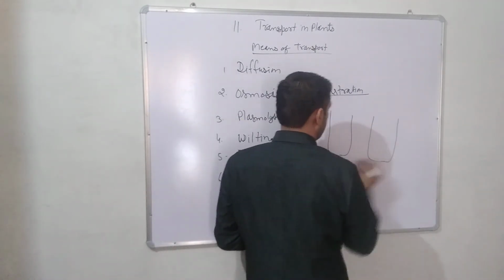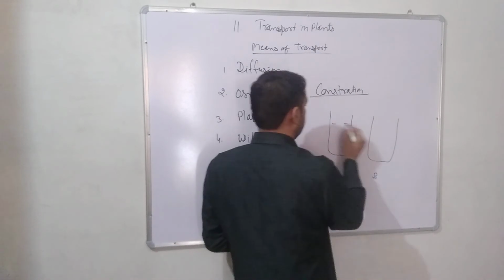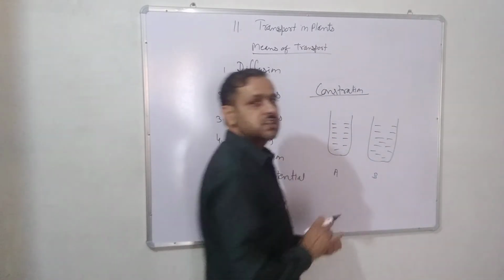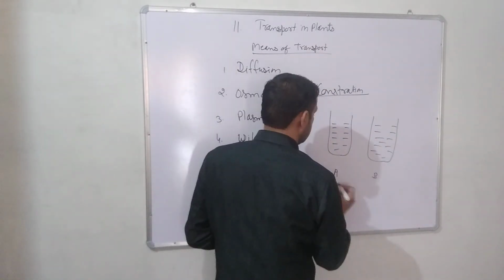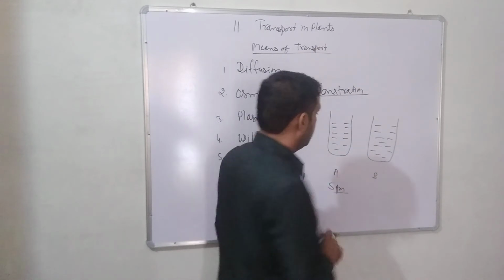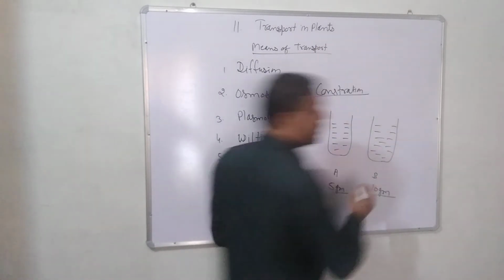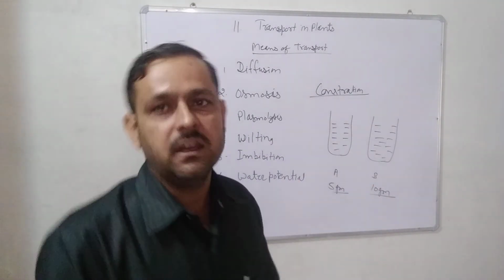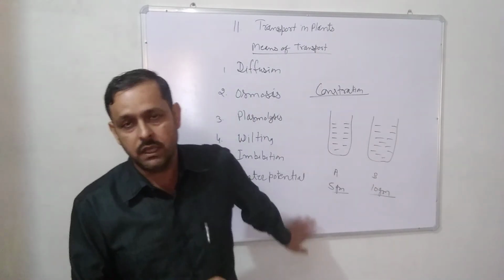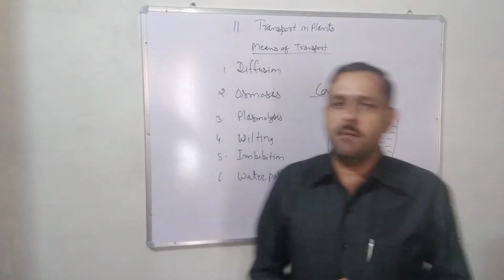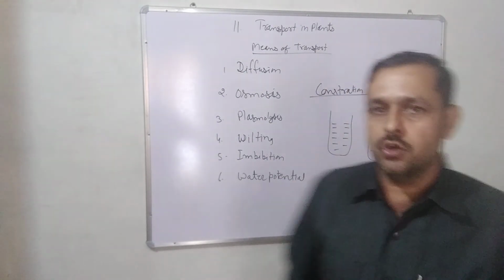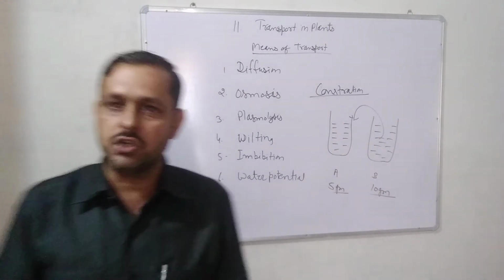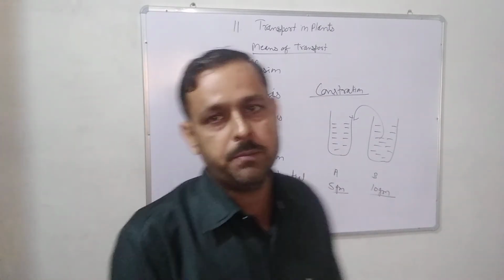There are two beakers, first beaker A and second beaker B, and the same amount of water is present in these beakers, but we dissolve some amount of sugar: in A we dissolve 5 gram sugar and in B we dissolve 10 gram of sugar, then the concentration of beaker B is higher than beaker A. So whenever the solute moves, then we can say from its lower concentration to higher concentration through a semi-permeable membrane.